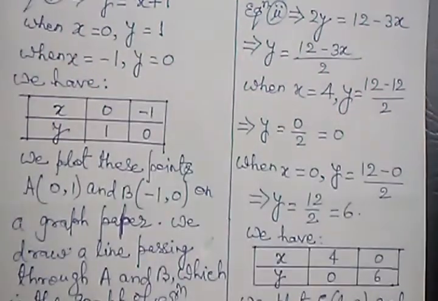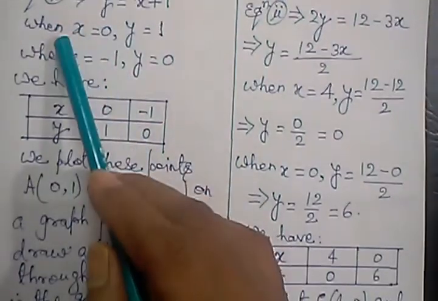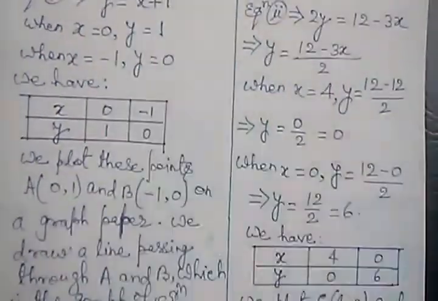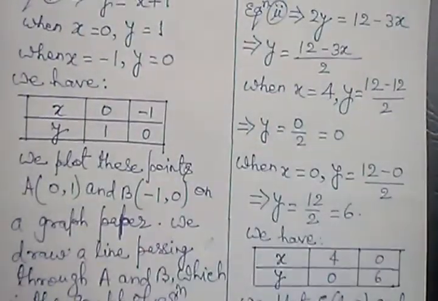If you take integers, that will be easier for you. You always choose whole numbers or integers. Also try to take 0 first, and if by putting 0 you are not getting a whole number for y, then change the value.